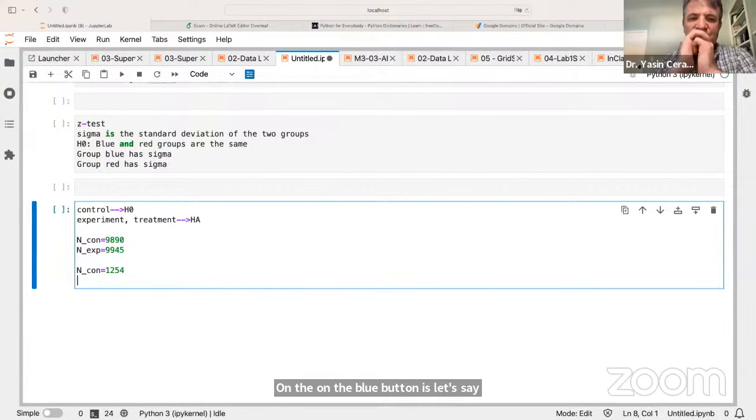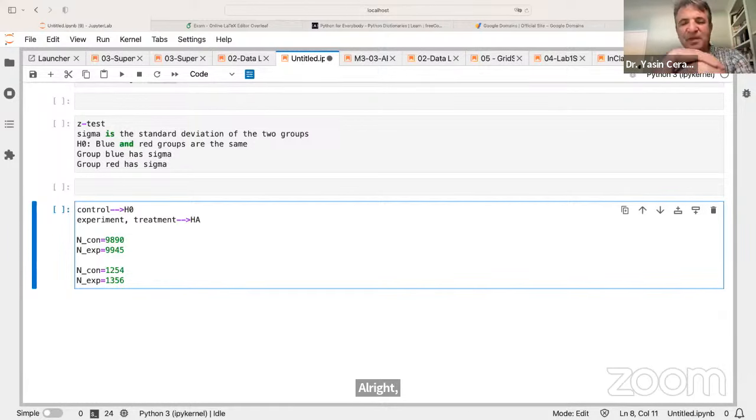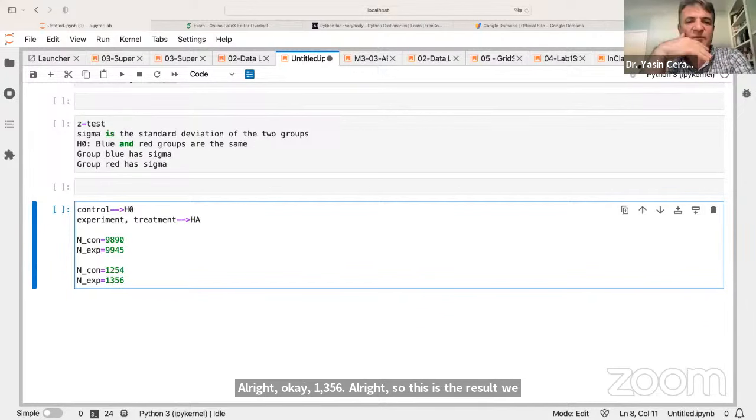The number of people who clicked on the red button is, let's say, 1,356. This is the result we get. We ran the experiment, and somebody shared with us the results.